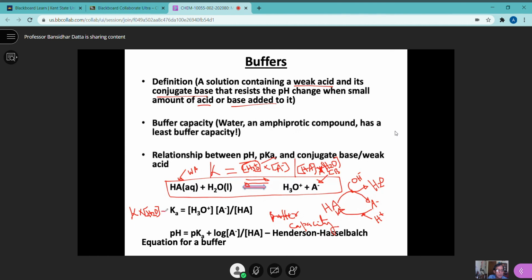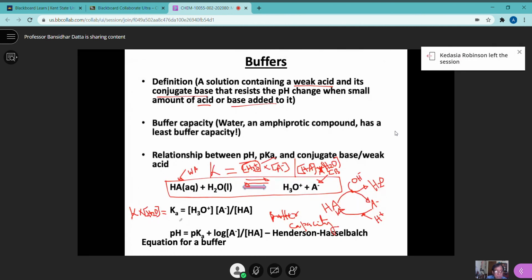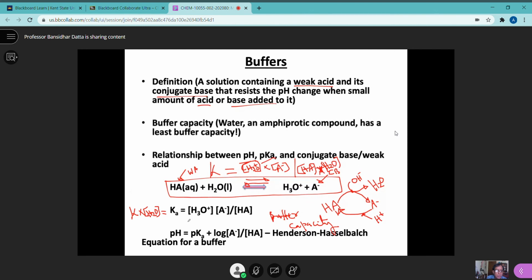and that equals Ka. What's the Ka? Please write down, Ka equals, Ka is the dissociation constant of a weak acid.